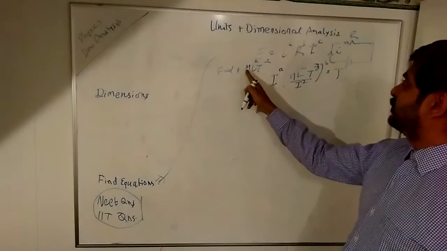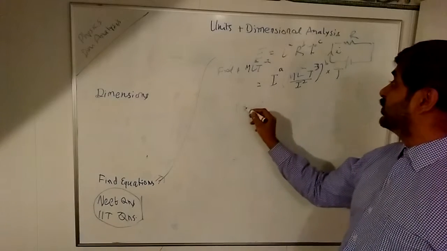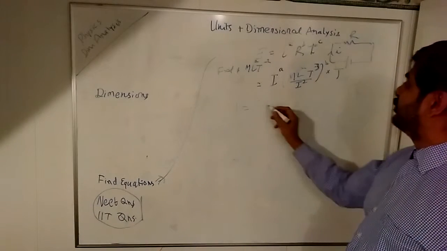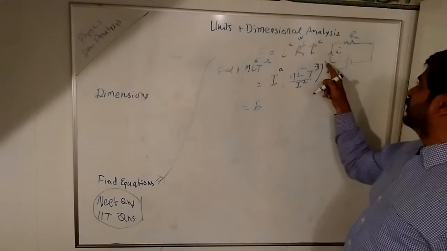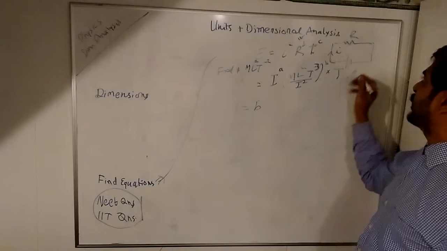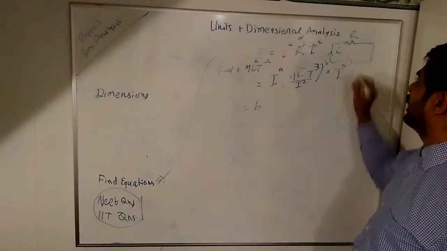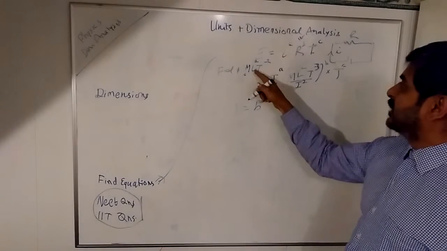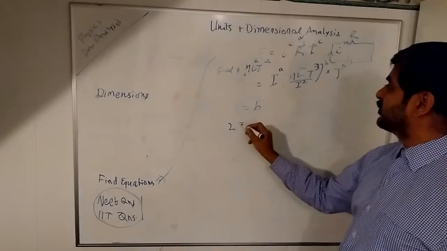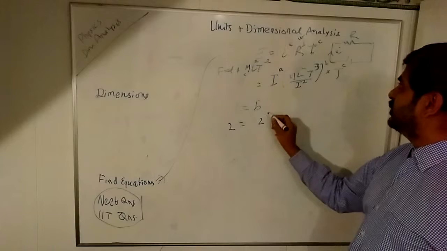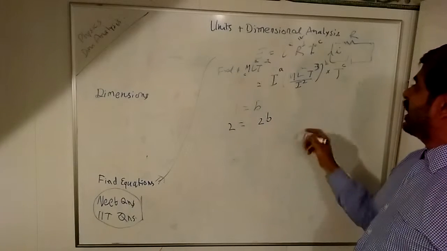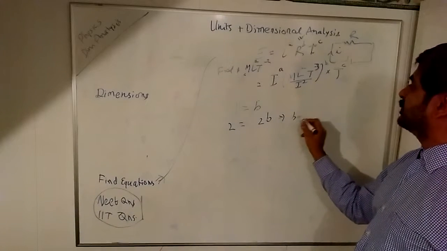M to the power is 1 here, so 1 equals m to the power b here. So b is equal to 1, that is fixed. When b is equal to 1, this whole thing gets simplified, this t to the power of c here. The next thing we're going to do is L to the power 2 here, and what is L here? You have L to the power 2b here, and this also gives the same thing, b is equal to 1, nothing new.